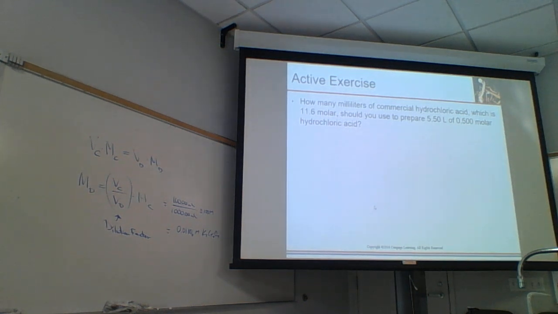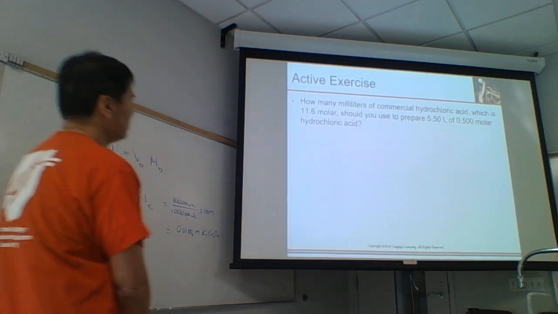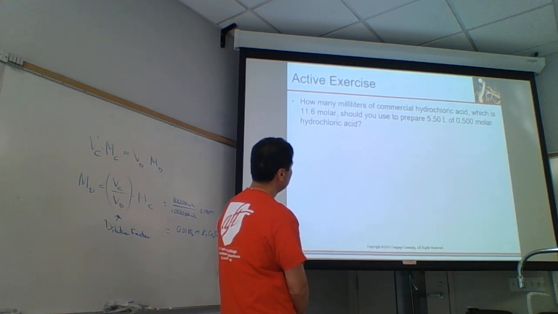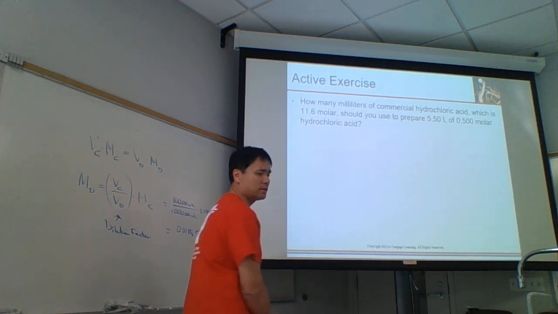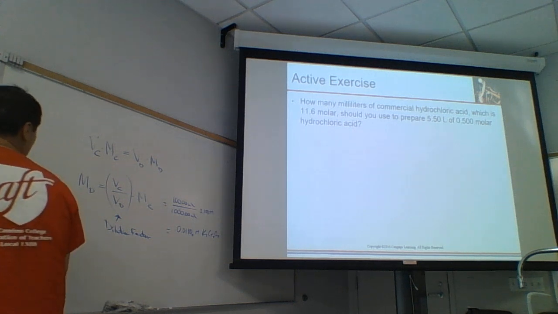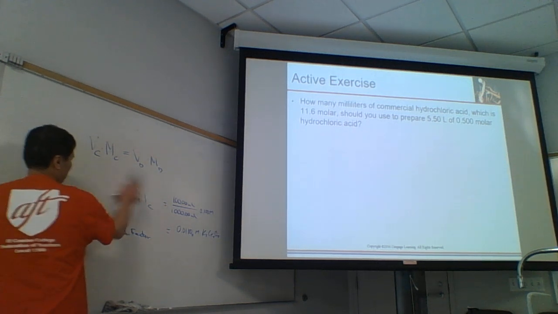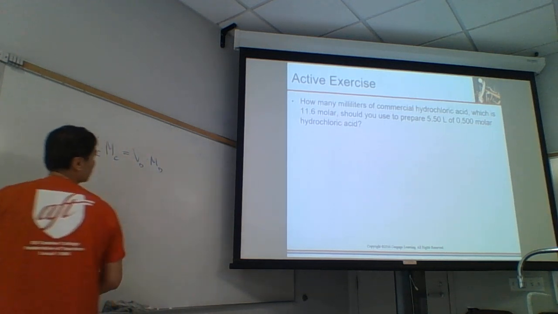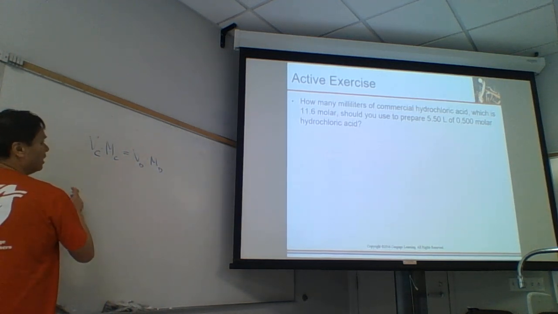So we could do a calculation here. How many milliliters of commercial hydrochloric acid, which is 11.6 molar, should you use to prepare 5.50 liters of 0.500 molar hydrochloric acid? And so they're asking us not for the concentration, they're asking us for the volume in this particular problem. So let's figure out what we have.